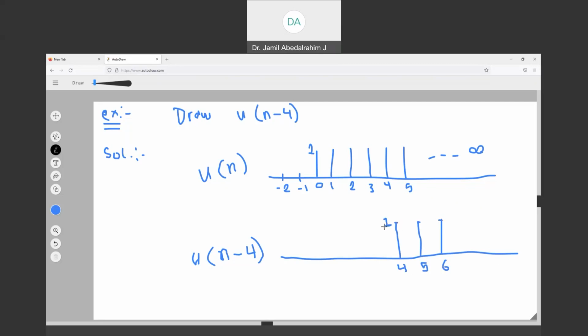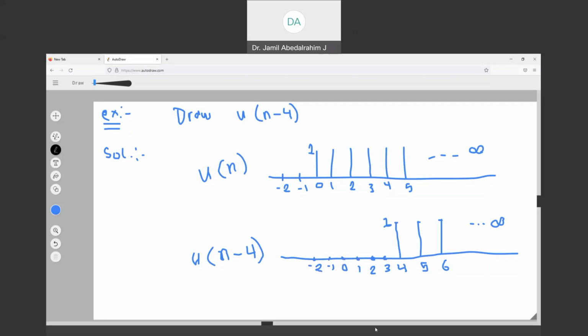Amplitude 1 until infinity. And otherwise there is no signal at 3, 2, 1, 0, minus 1, and minus 2.